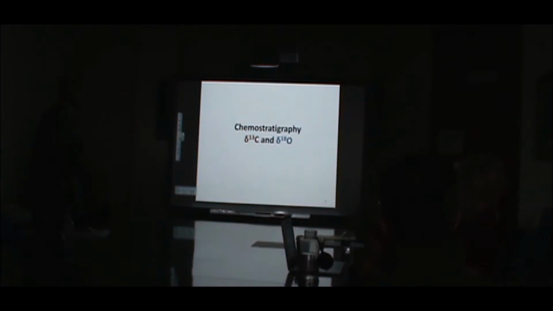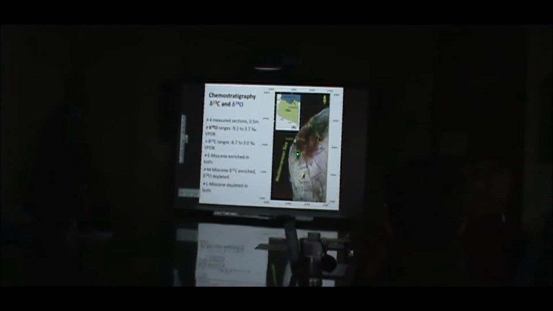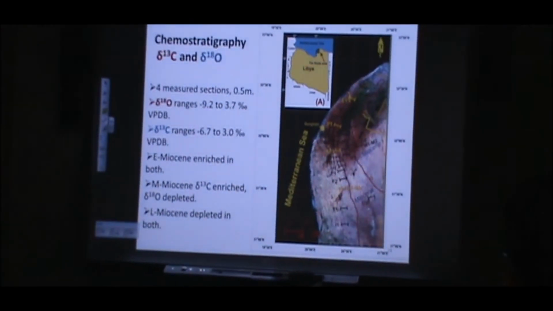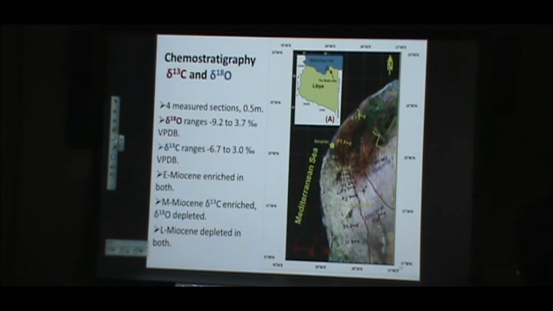Now the second part, chemostratigraphy. For the chemostratigraphy, we chose four sections, E1, P1, A1, and H1, H2, to collect our samples. We measured these four sections, and again, the interval between the samples was 0.5 meters.